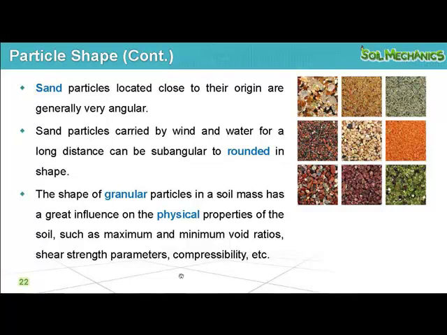Granular particle refers to particles of sand or gravel. We call it granular. It refers to grain or sand grain or sand particle, gravel particle.